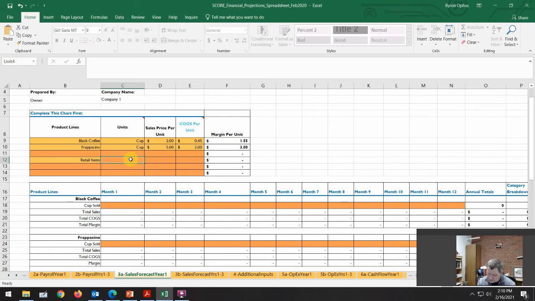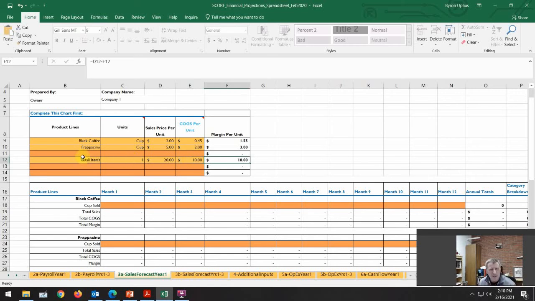So I can just say it's going to be a 1, or items, whatever the case may be. Again, I have to think, what's my average of those items? Maybe $20. I know from experience that generally those types of items have about 100% markup, or about a 50% cost of goods sold, so I can put in $10 there. Okay. So now I've got 3 things.